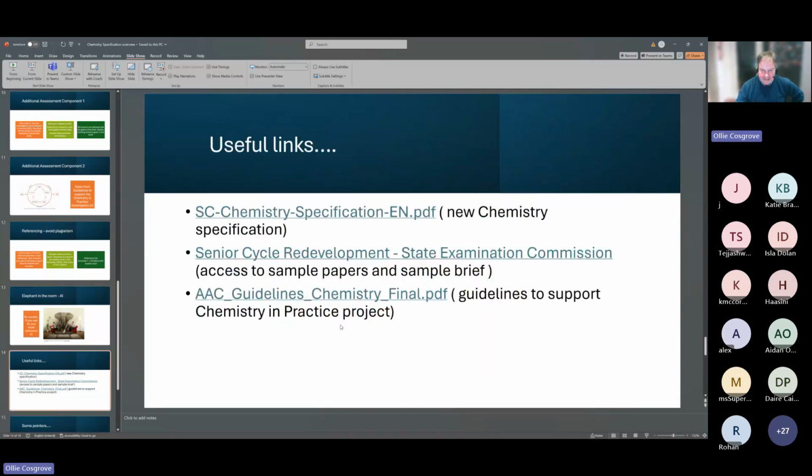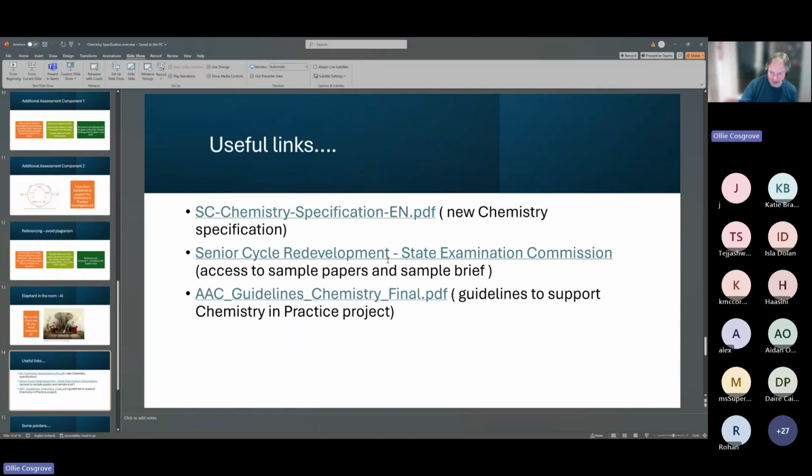So the links then, you can see there the first one, the chemistry specification, is curriculumonline.ie, and for the senior cycle, the State Exams Commission, that's examinations.ie. You'll find it there.